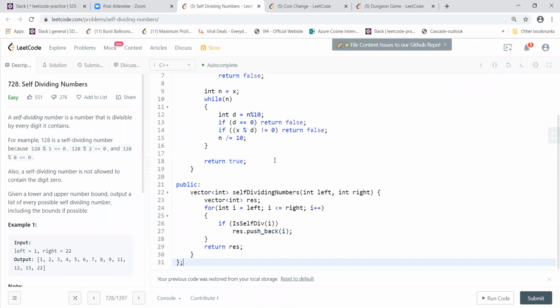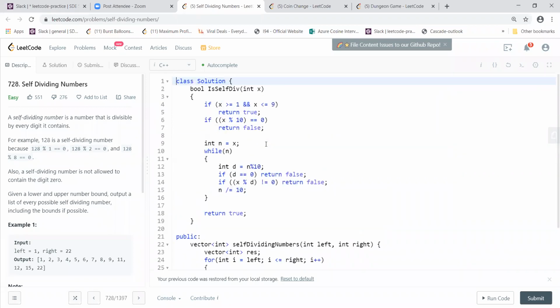I'm just taking the left and right over here and going through a for loop, and in the for loop I have a function which decides whether this is a self-dividing number. I pass on this i, and if it is a self-dividing number, I add it to my vector and then return.